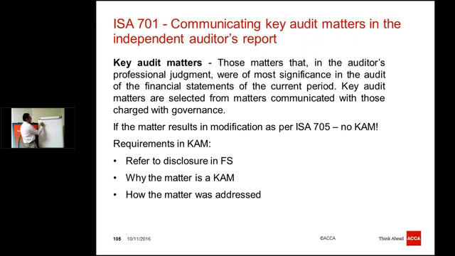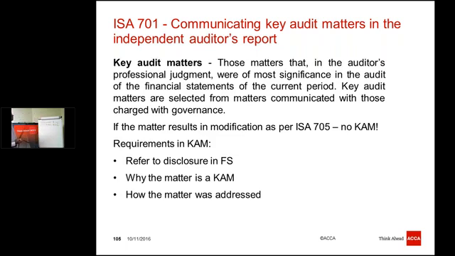So let's say that the auditor believes that inventory should be recorded at $100. However, management's point of view is that inventory should be recorded at $150.